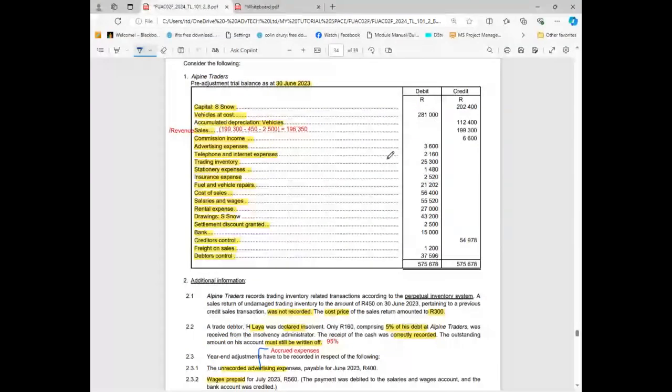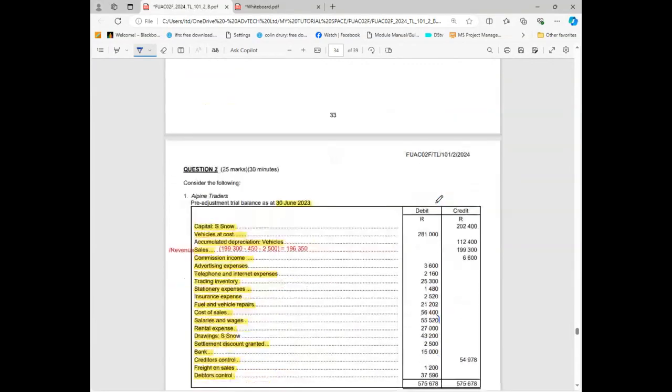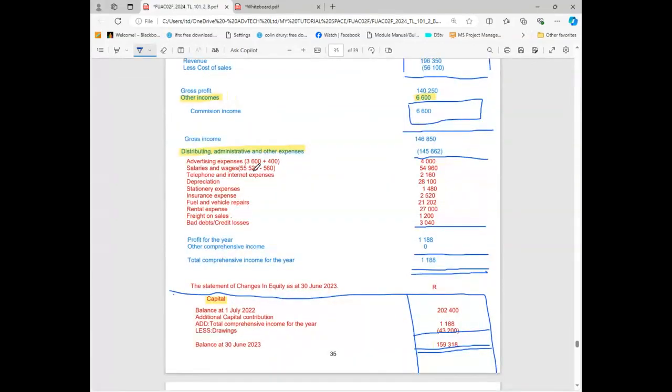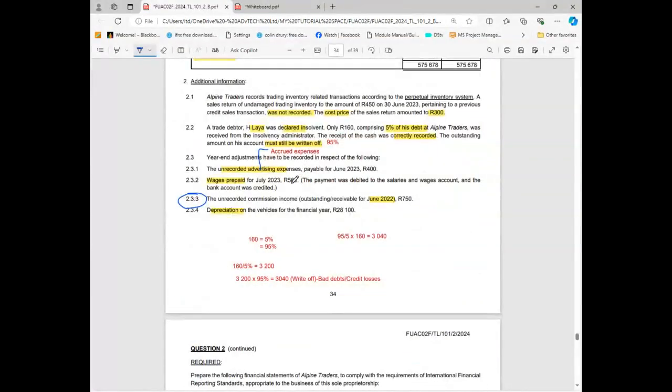Because it has to balance. And there's something here. I'm not saying it is. I'm just trying to be clever here. Can you see? Let's check these salaries and wages. Maybe we did this. No, we minus 568 because of prepaid.